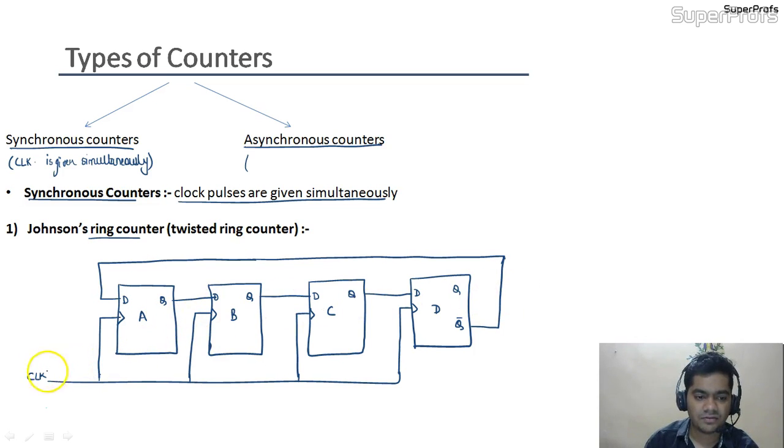When the first clock pulse is available, this Q bar would go to DA. When the clock pulse is applied, due to the triggering of all the flip-flops, this input D would come as output 1. This input that was previously 0 would come here, this 0 would come here, and this 0 would come here.